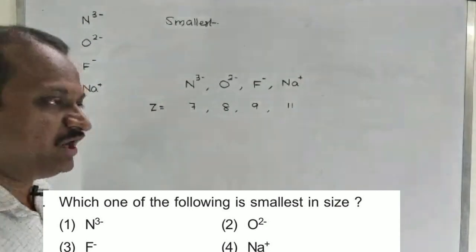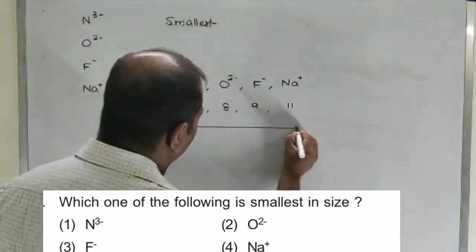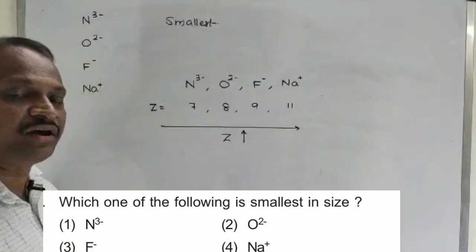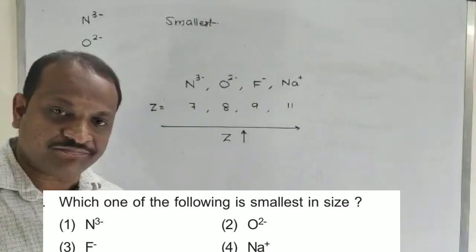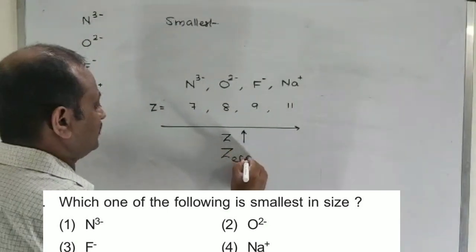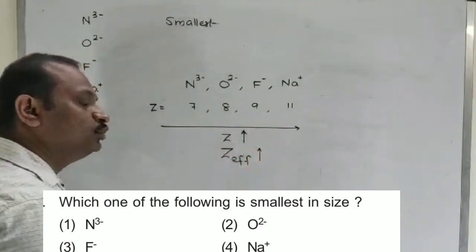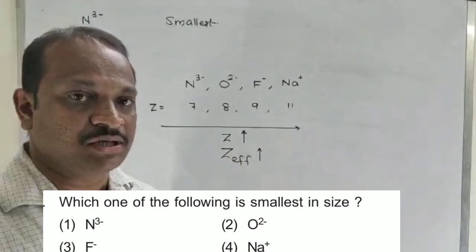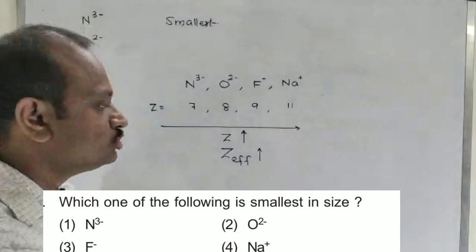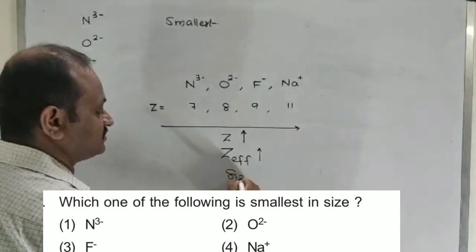So once you move from left to right, their atomic number increases. If atomic number increases, their effective nuclear attraction also increases. If effective nuclear attraction increases, the size will be less. So size decreases.